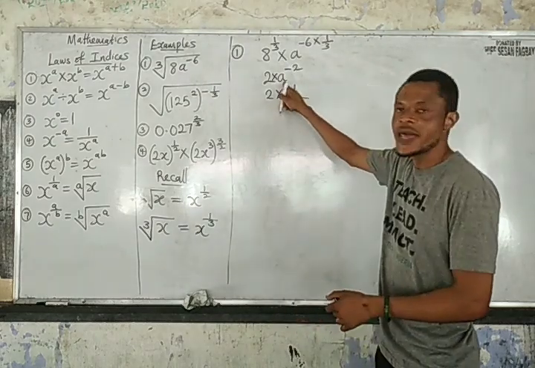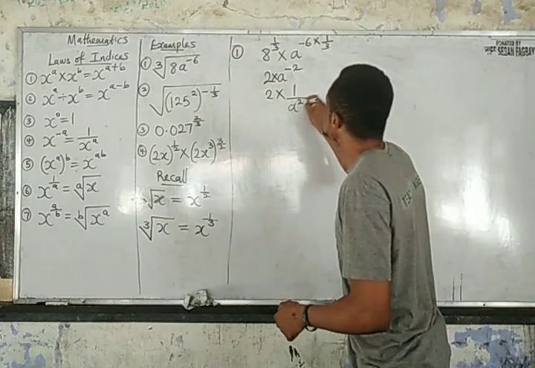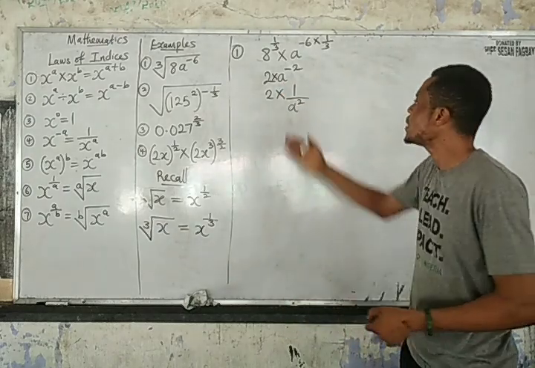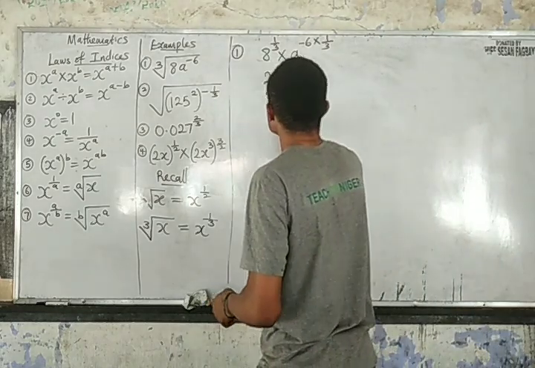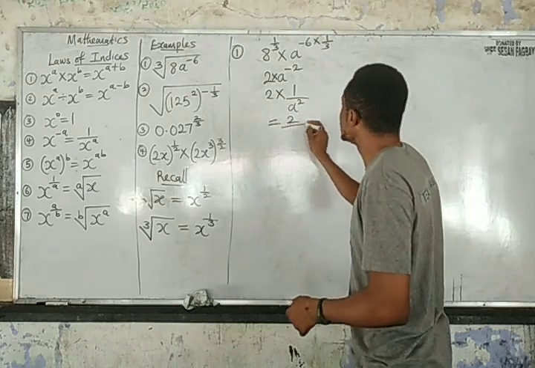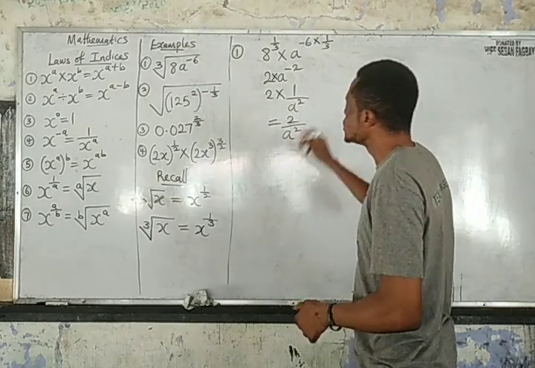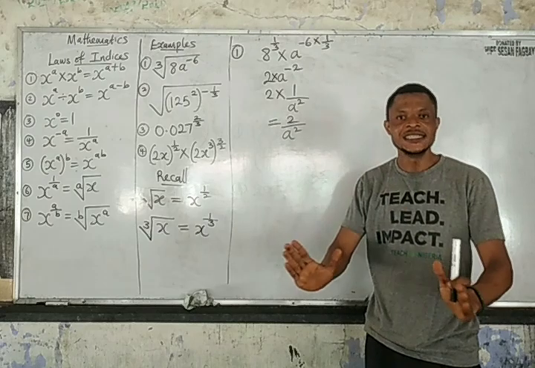What do we have left? a raised to power 2. Now we have 2 multiplied by 1, we have 2. So this is going to result in 2 all over a raised to power 2. Easy.